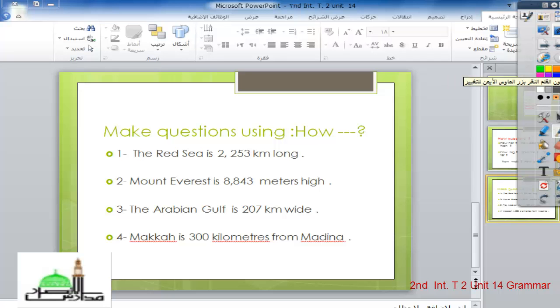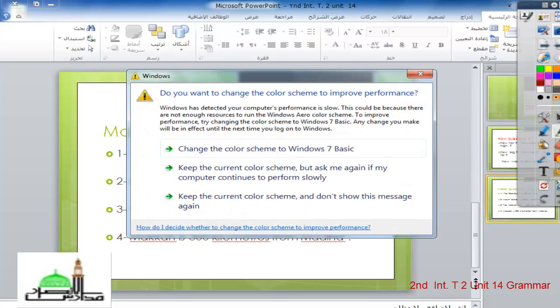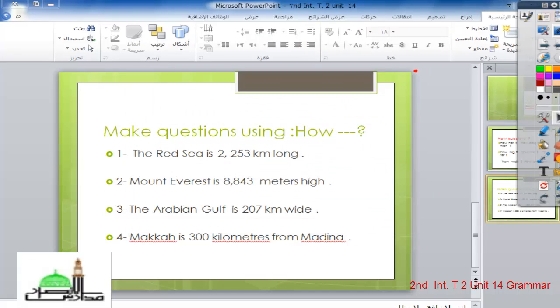The Red Sea is 2,253 kilometers long. So I look at this word, kilometers long. Look at this adjective, long.